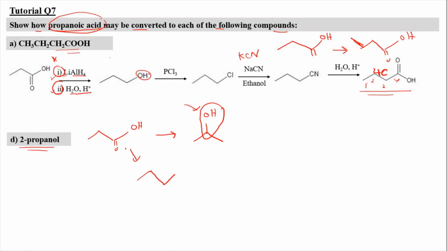So if I were to undergo reduction, I will get 1, 2, 3, OH here. Okay, so when I undergo reduction, I will get a primary alcohol, or 1-propanol. Okay, but I want it to be 2-propanol. So what I can do is undergo dehydration, where I can remove OH and I can remove hydrogen here. So I will become an alkene.